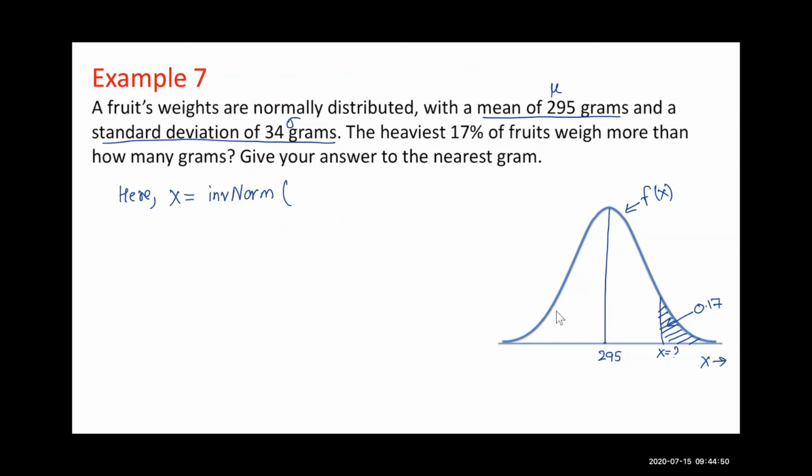It is 0.83, because it is 1 minus 0.17. That's what you have to do. And then we need to type the mean, which is 295. Then we type the standard deviation, which is 34.